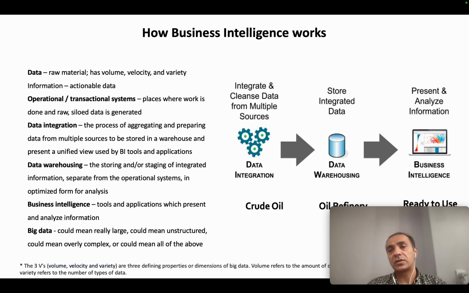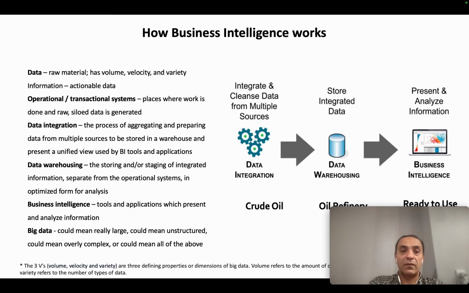How business intelligence works? Well, first of all, there are lots of components. BI or business intelligence has different components like data, which is a raw material. It has volume, velocity, and variety, and information or actionable data. Another component of BI is operational and transactional system.